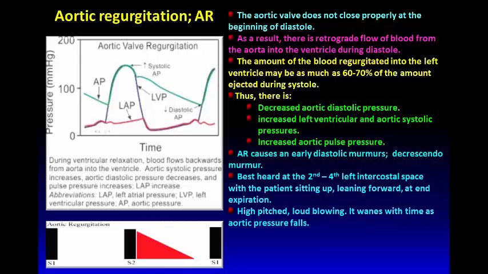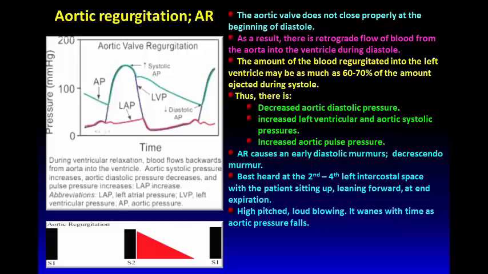The murmur of aortic regurgitation is an early diastolic decrescendo murmur, which is best heard at the second to fourth left intercostal spaces, with the patient sitting up, leaning forward at the end of expiration. It is a left-sided murmur, and remember, left-sided murmurs increase in intensity during expiration.